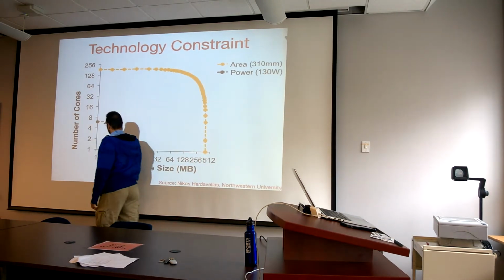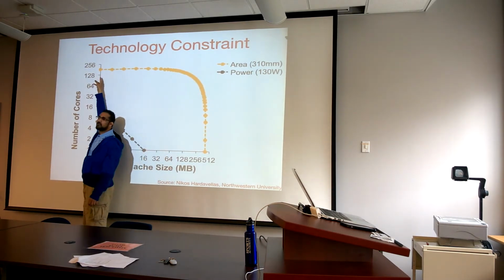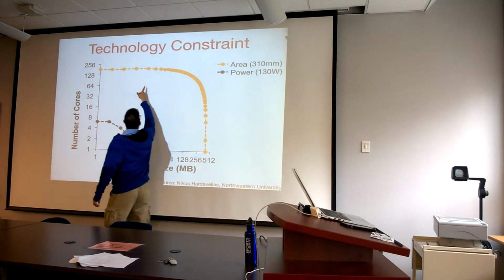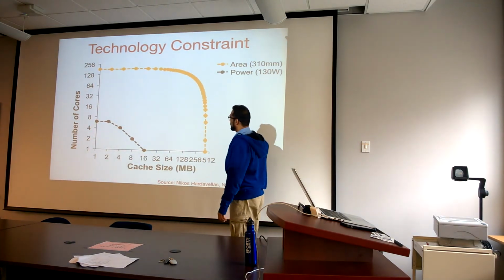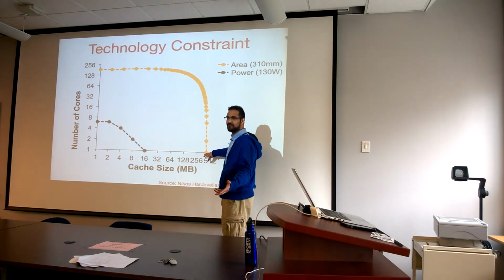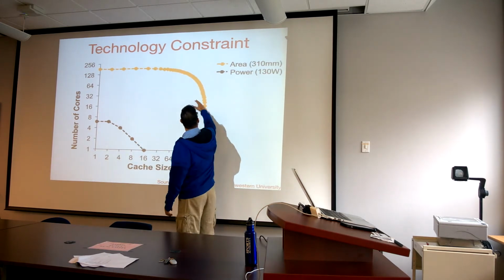For the current generation, I can have 1 meg of cache and approximately 256 cores. If I add, for instance, 512 megs of cache, I can only have 1 core. And so this becomes an optimization space.